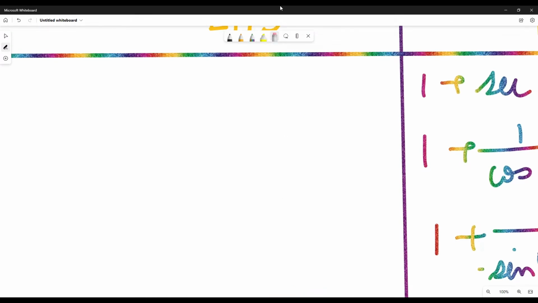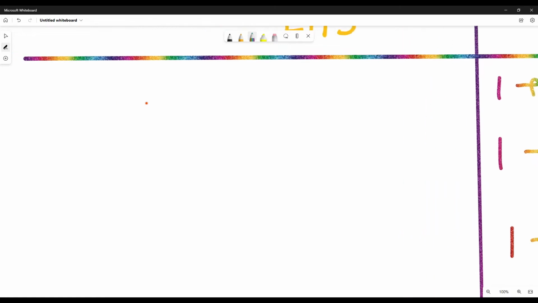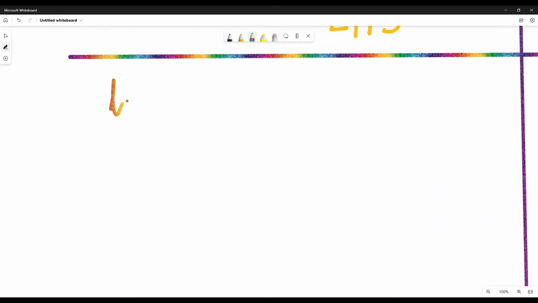Okay, then we have on the LHS tan theta. This one is a long one because we have so many identities that have to be converted to sine and cos.